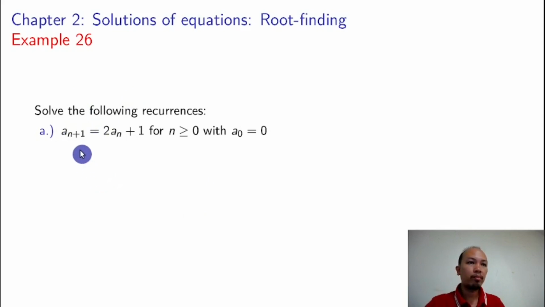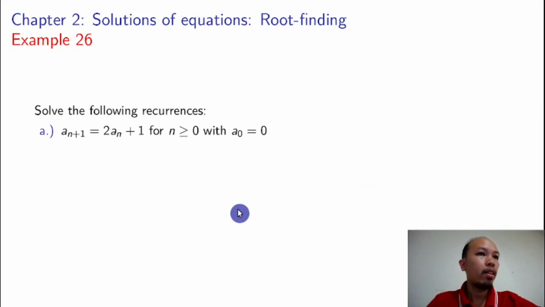So let's try to list the elements of this recurrence equation with the one that we get, the formula that we get using the generating function, the closed form.